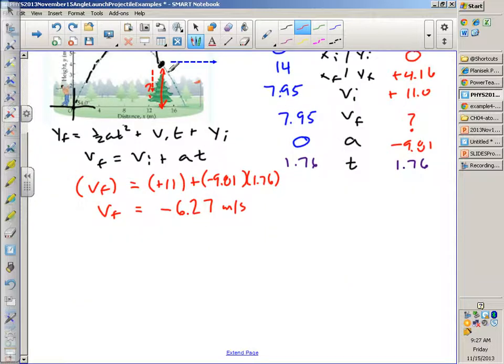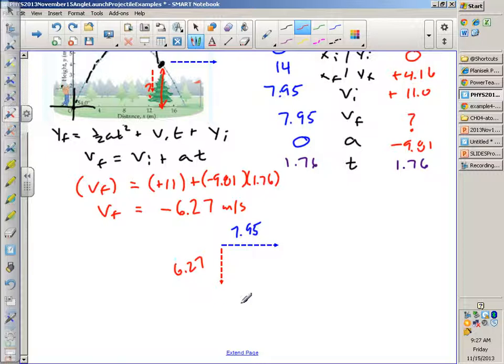We said, at this moment, that golf ball is traveling both horizontally and vertically. We know that this is 7.95 at that moment, right? And now we just figured out this was 6.27. Okay?